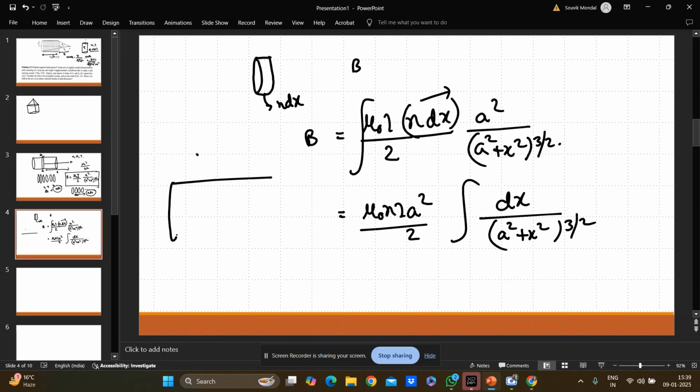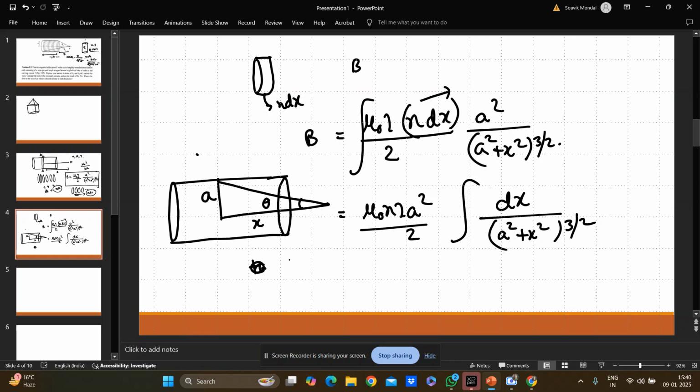Okay, so let's try to convert the integral in terms of theta. This will be more helpful. Okay, so let's suppose this is theta, and this distance is x, this distance is a. So what is tan theta?